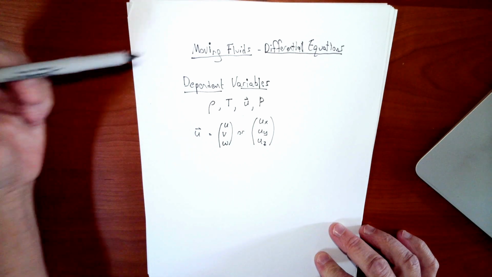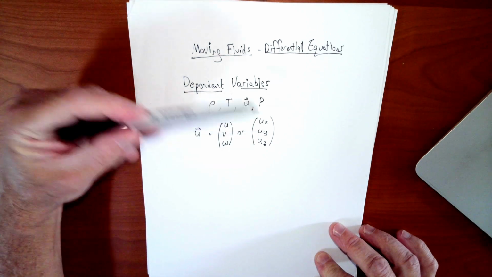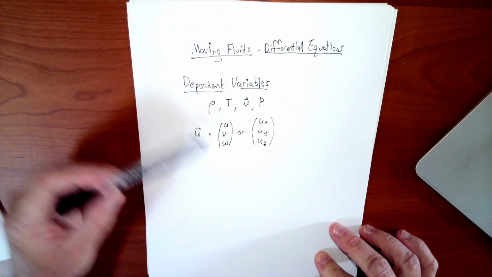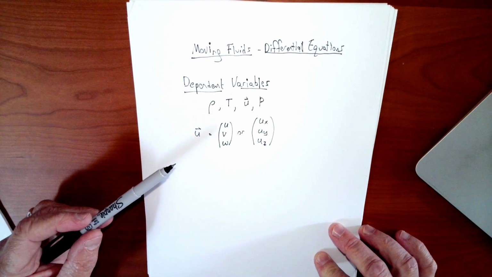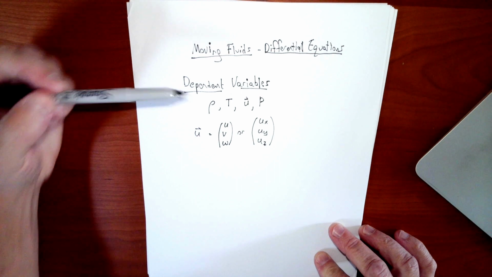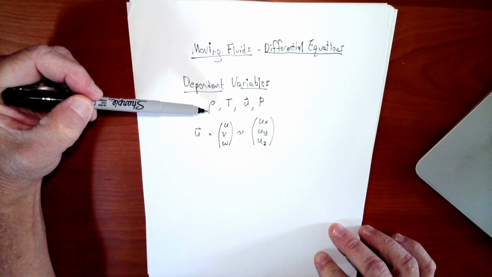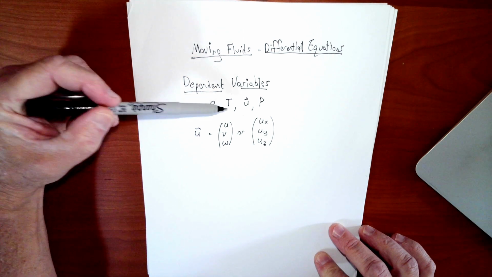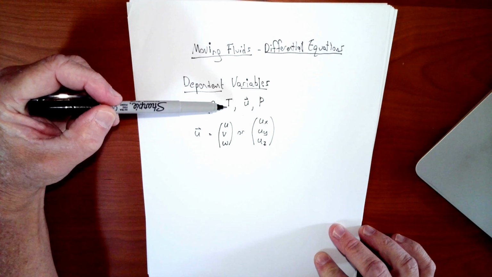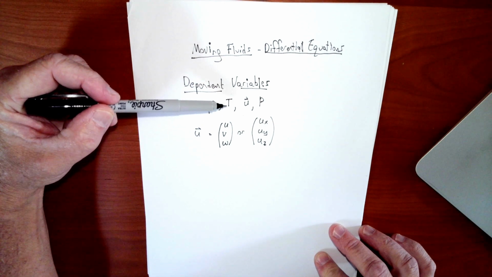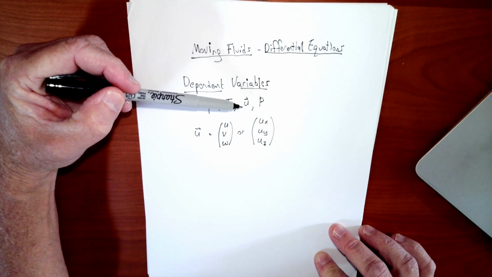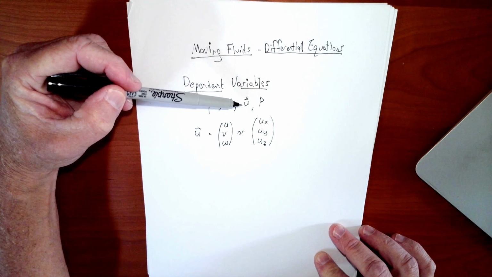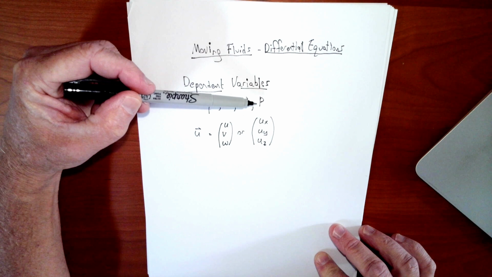So we're going to start with what we're actually trying to model here. The challenge with fluid mechanics is that you have a lot of variables. The dependent variables in any fluid study are rho, the density of the fluid, which of course can change, temperature of the fluid, which can change a lot of the properties, including, of course, rho. You have the velocity, which is a vector, so that's actually three variables in one, and you've got pressure.